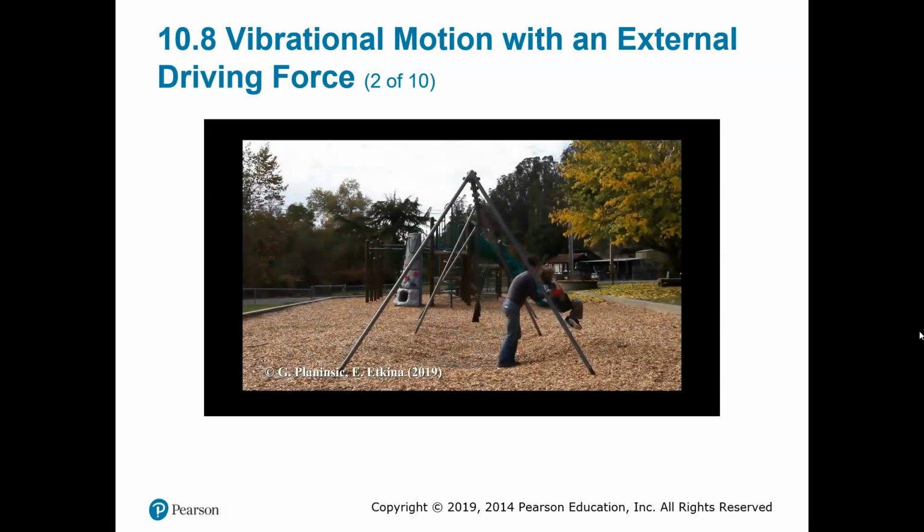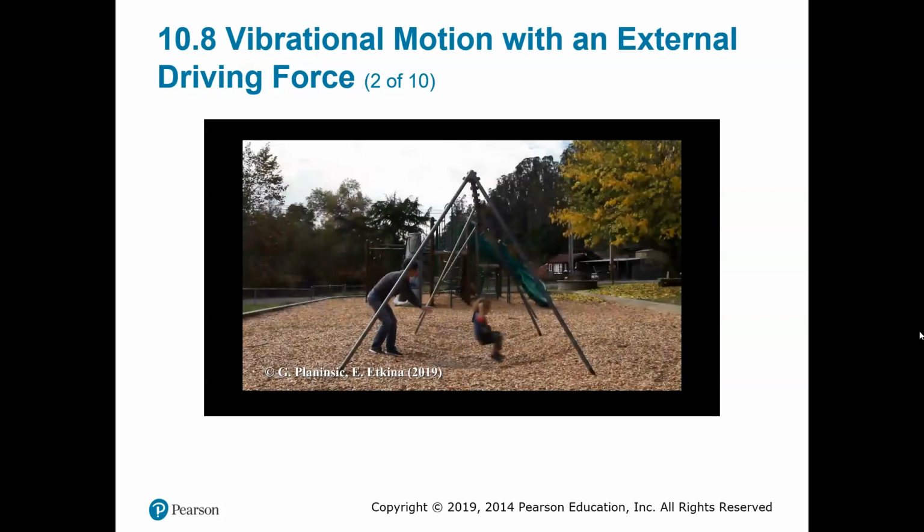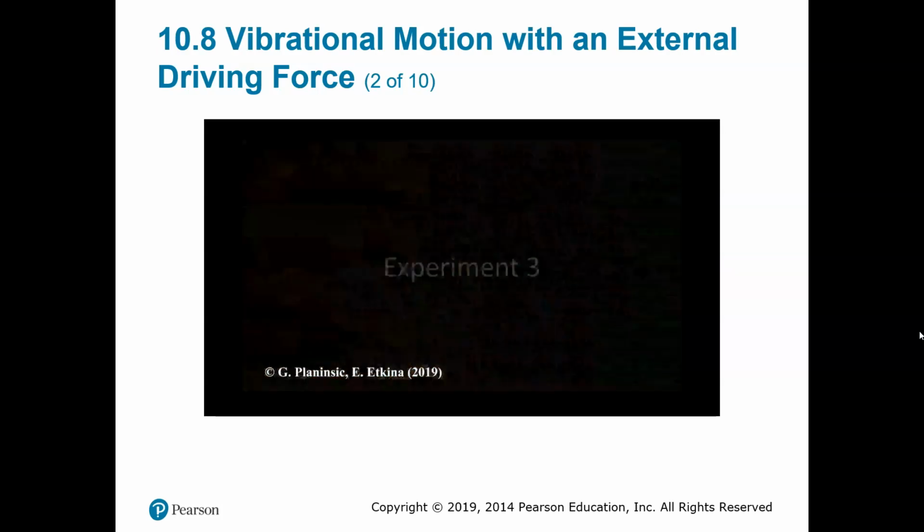So here we have a child on a swing. We are moving that out. So we apply an external force that allows us to initially drive that oscillatory motion. Without that external force, that's a driving force, we would not have that oscillatory behavior.